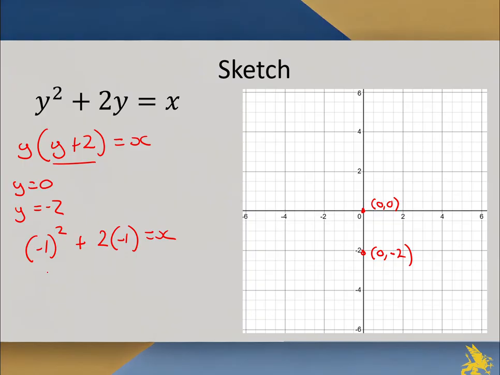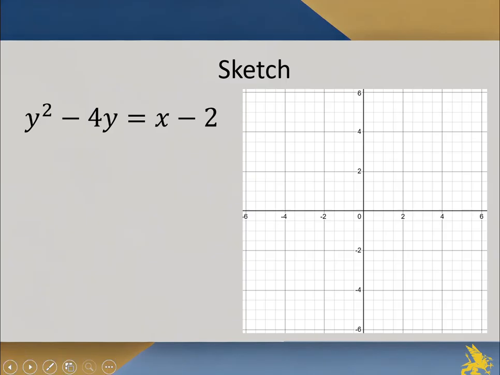Negative 1 squared is 1. 2 times negative 1 is negative 2. That means x must be negative 1. So when y is negative 1, x is negative 1. And that gives me enough points to be able to draw my graph.